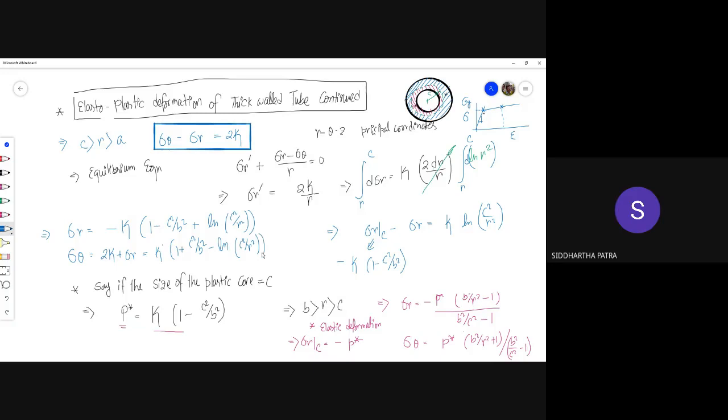This one, right? Yes, sir. If you look at your textbook, this expression is given as plus, which is incorrect.